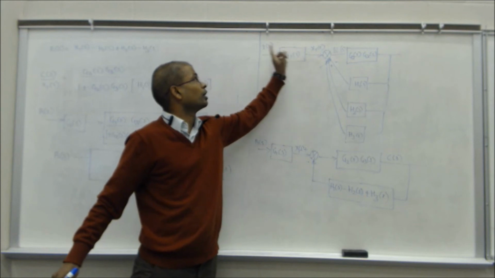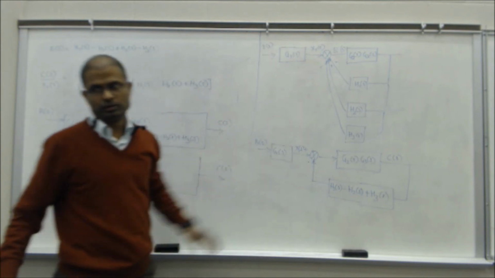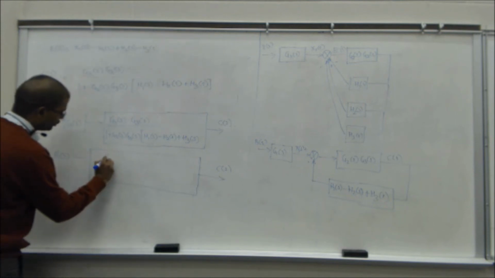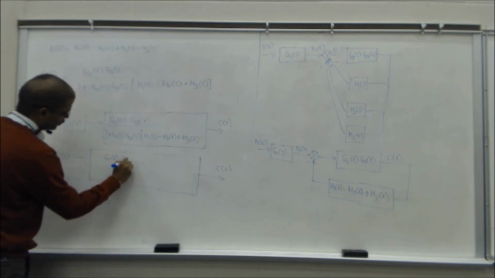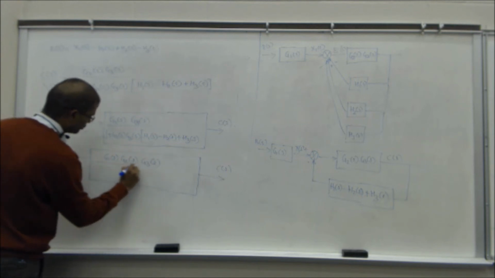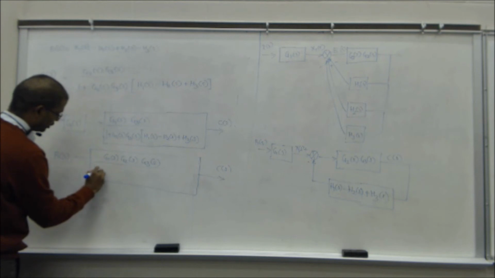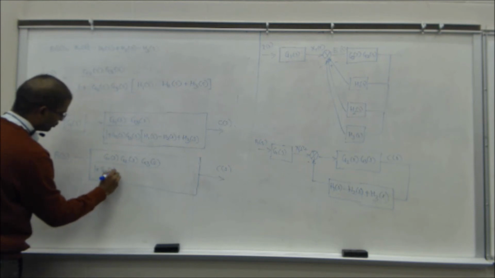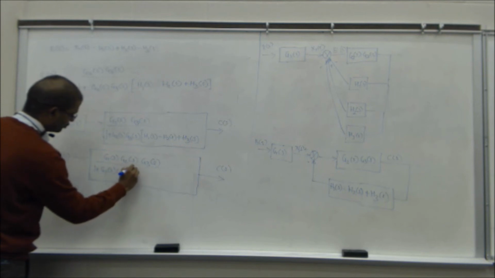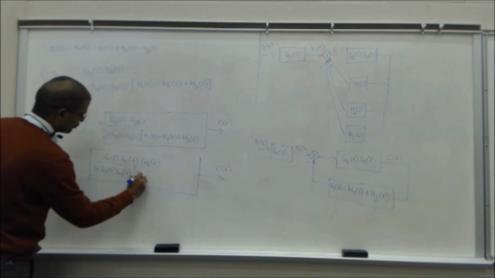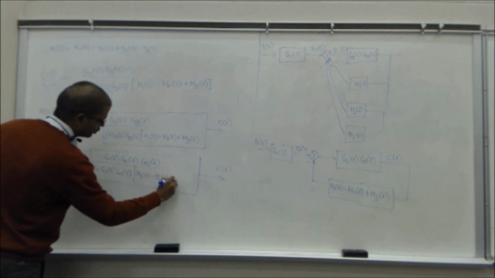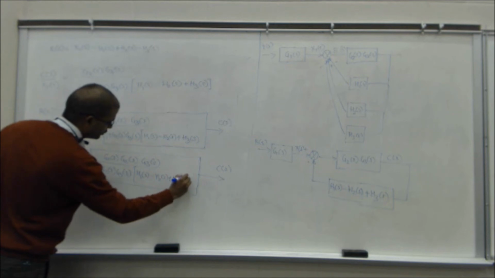X1 of s is what? R of s into G1 of s. That's it. I was trying to demonstrate what E of s is. Okay. So you have G1 of s, G2 of s, G3 of s over 1 plus G2 of s, G3 of s into H1 of s minus H2 of s plus H3 of s.